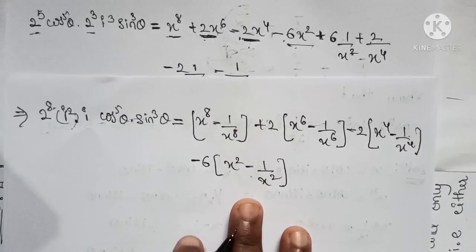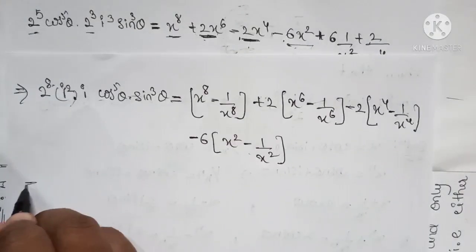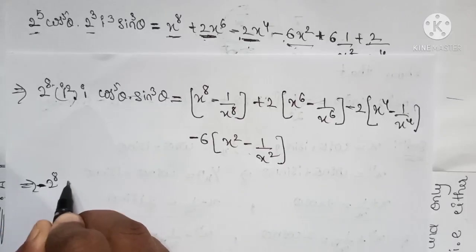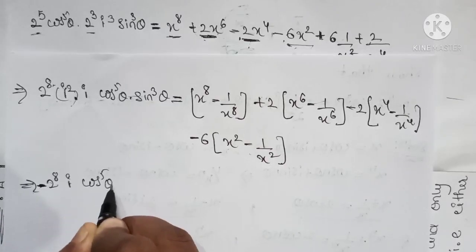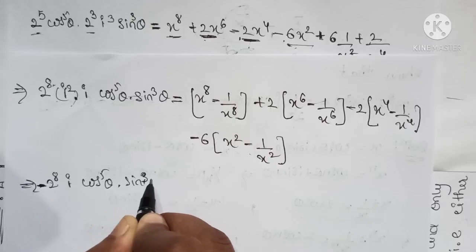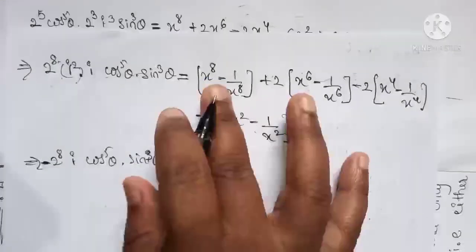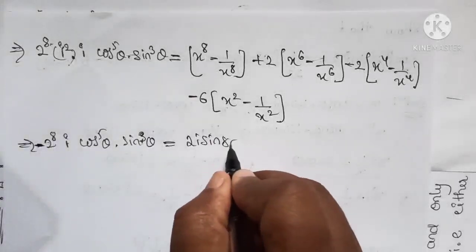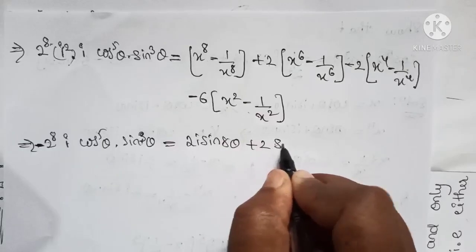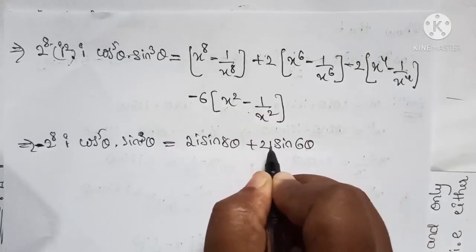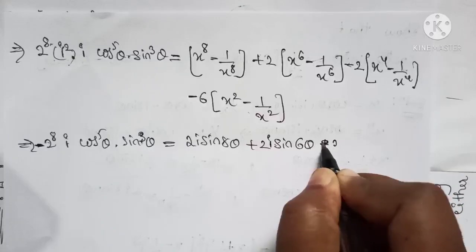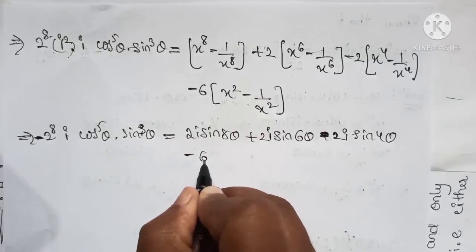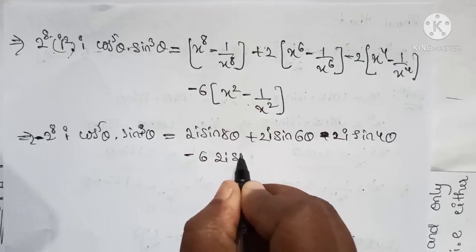Now this can be written as 2 power 8 as it is, i square value is minus 1, therefore it is minus 2 power 8 into i cos power 5 theta into sin cube theta. Here we can write it as 2i sin 8 theta plus 2i sin 6 theta minus 2i sin 4 theta minus 6 into 2i sin 2 theta.